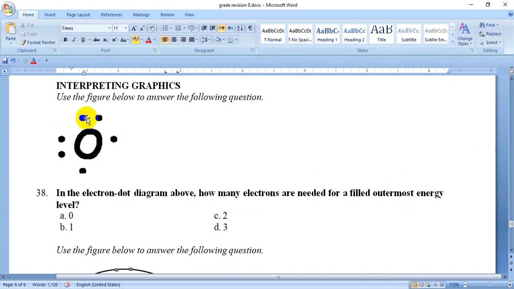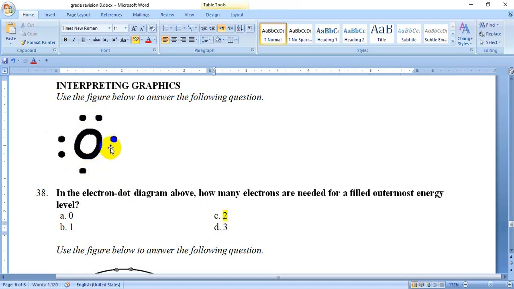We put 1, 2, 3, 4 electrons, and then we make pairs. So when we look here, we see that oxygen has 6 valency electrons. How many are needed to fill the outer energy level for oxygen? Oxygen needs 2 electrons to fill the outermost energy level, 1 here and 1 here, and in this case oxygen will be stable.